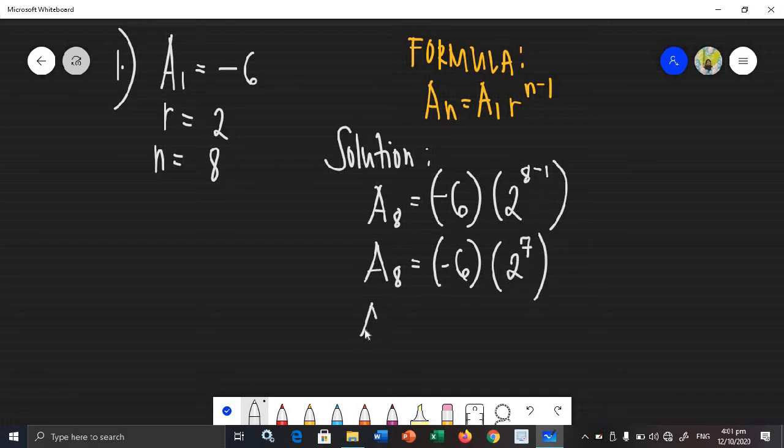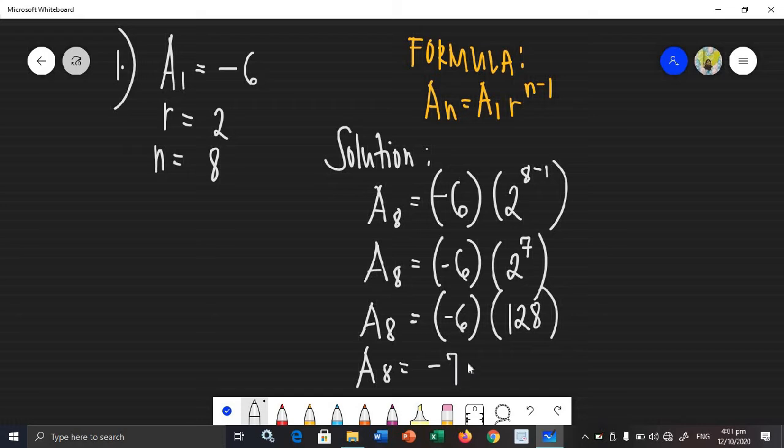And then, a sub 8 is equal to -6 times 2 raised to 7. Pakisimplify, 2 raised to 7 is 128. And therefore, we need to multiply -6 and 128 for us to find the value of the 8th term in the given geometric sequence. So, -6 times 128, the answer is -768.